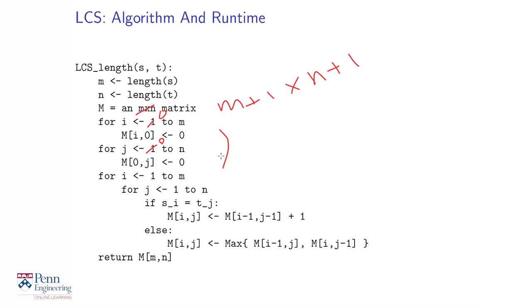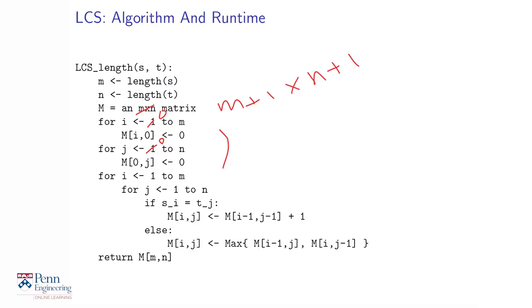So if the ith symbol and the jth symbol match, M[i,j], the length of the longest common subsequence between the first i symbols of S and the first j symbols of T, is just the solution where we nibbled away the last symbol of both S and T, plus the 1 for the match you get on the last symbol.